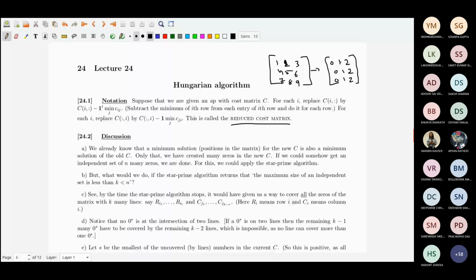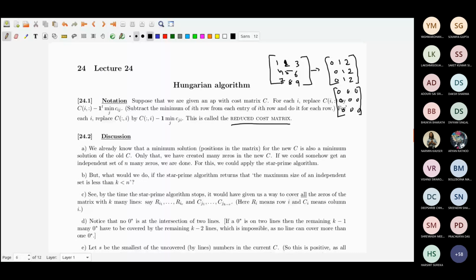So then you will have 0, 0, 0, 0, 0, 0, 0, 0, 0. I subtracted 1 from the second column, 2 from the third one. So this particular one is easy actually. The whole matrix got reduced to 0. This is the reduced cost matrix essentially.